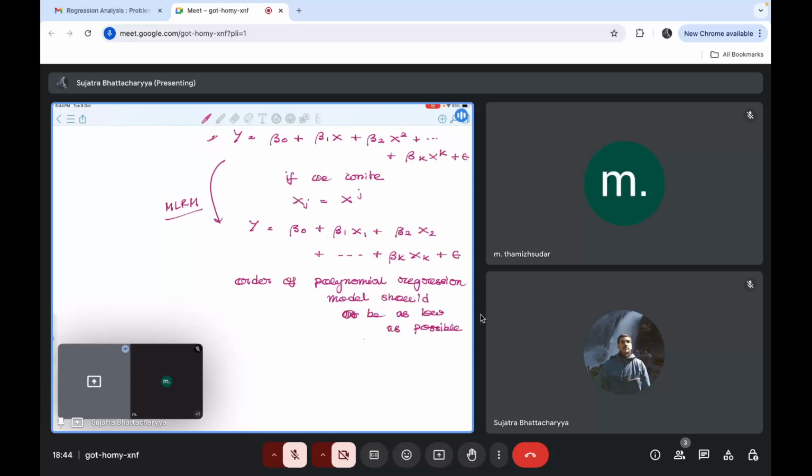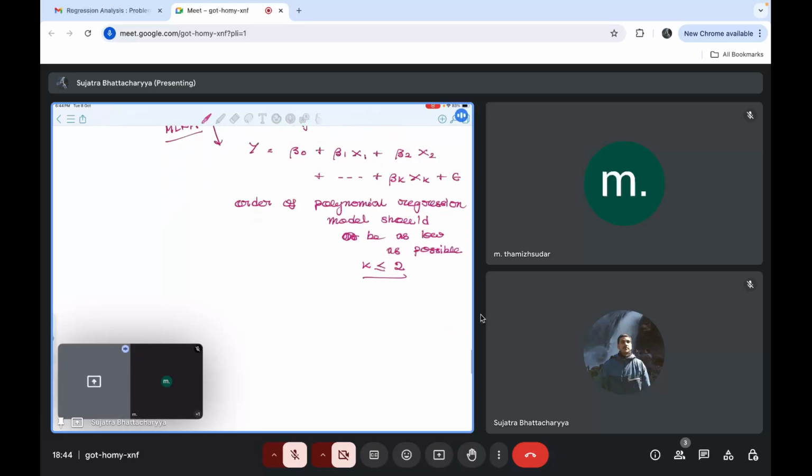Generally, we try to keep it within two. We don't go much beyond two, except for some conditions, some data sets. Okay, this is one of the things.